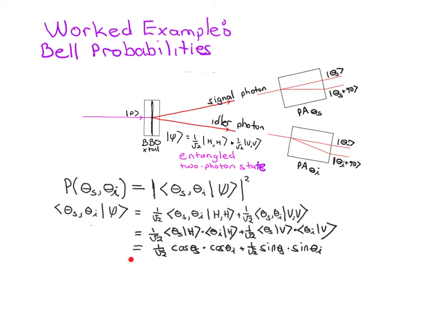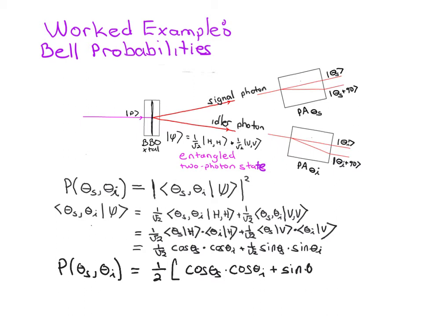Taking this probability amplitude that we just calculated, taking the absolute value of that and squaring it, we conclude that the joint probability of obtaining the signal photon going out the theta sub s port and the idler photon going out the theta sub I port is just 1/2 times cos theta sub s times cos theta sub I plus sine theta sub s times sine theta sub I, the whole thing squared.